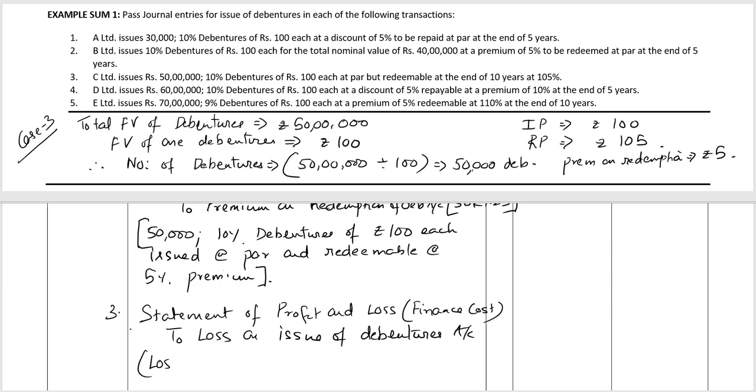For loss on the issue of debentures written off. The amount of loss written off, 50,000 debentures multiplied by 5 rupees per debenture, 2,50,000 rupees.